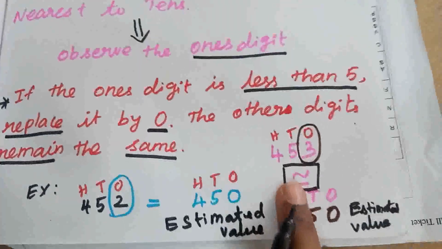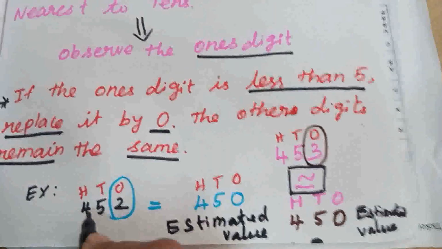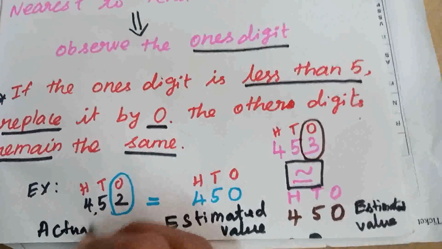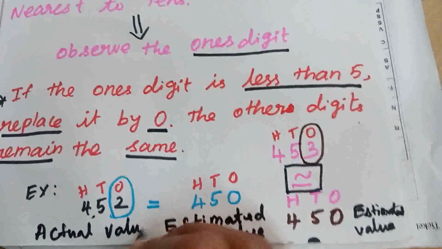Okay, this is the approximate symbol. And this number we call the actual value. What is that? Actual value.